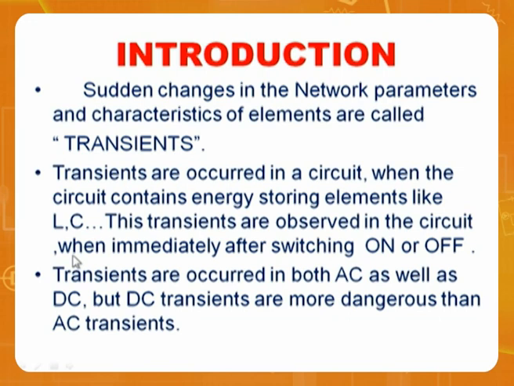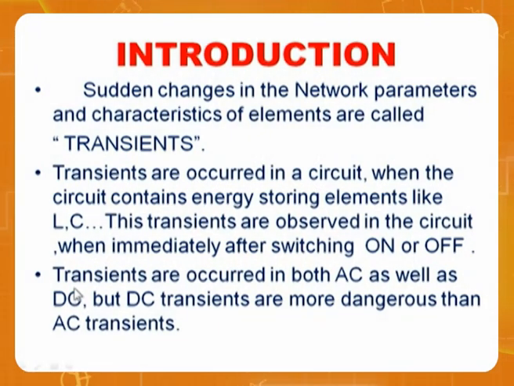These transients are observed in the circuit immediately after switching on or off. So, when you change the switch, there will definitely be some lapse in responding to that switch. Considering that lapse, or what changes occurred, is called transient. Third, transients occur in both AC as well as DC.